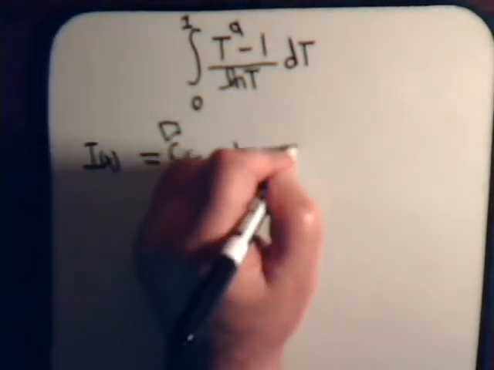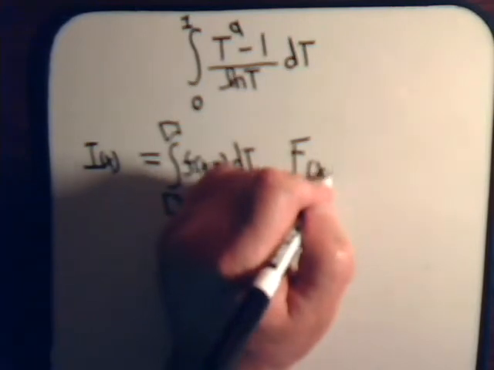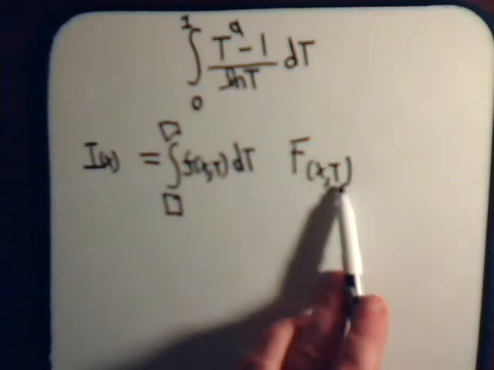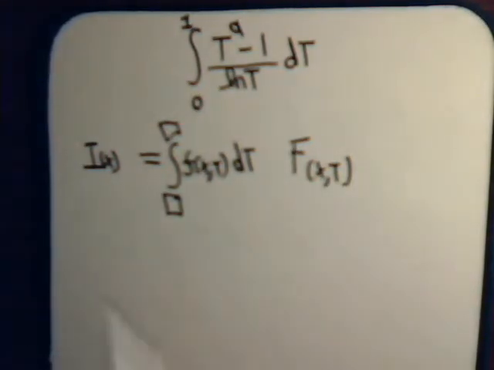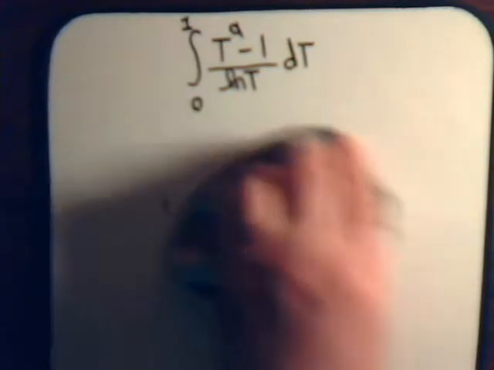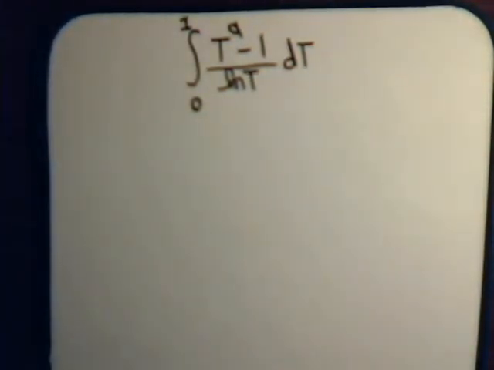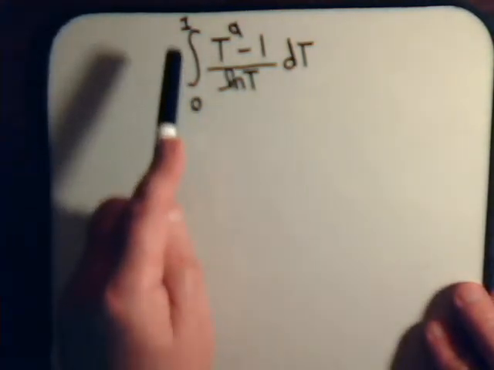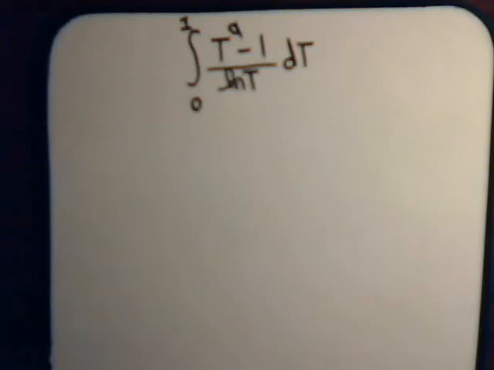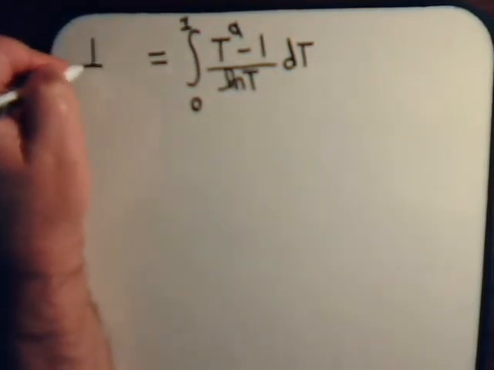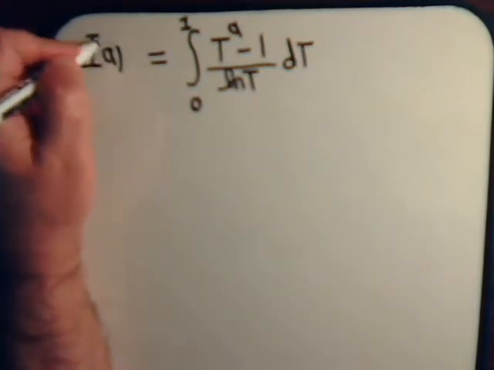Originally, when we integrate it, we will get a function of x and t, but then whatever these limits are, we substitute that in for t, so we have only a function of x. Now, this integral right here is going to be some function of a. If we could integrate this, it'd be some function of t and a, then we'd substitute in 0 and 1 for t, leaving only the variable a. So that integral is some function of a.